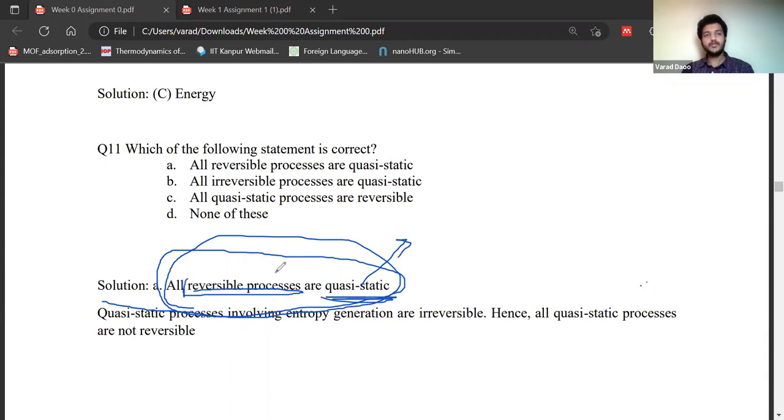Hence we can say all reversible processes are quasi-static processes. However, all quasi-static processes are not reversible. That means we can have a quasi-static process that is an extremely slow process, but it can be irreversible as well. So all reversible processes are quasi-static processes, however the converse is not true.